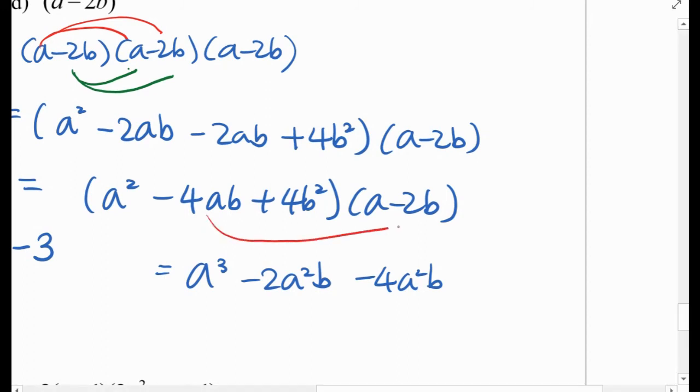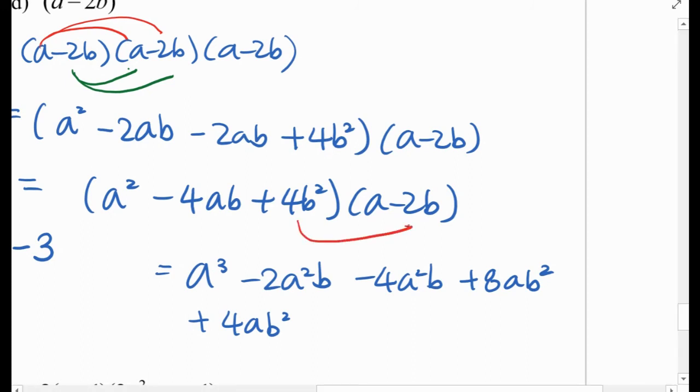Negative 4ab times negative 2b plus 8ab squared. 4b squared times a, 4ab squared. 4b squared times negative 2b is negative 8b cubed.